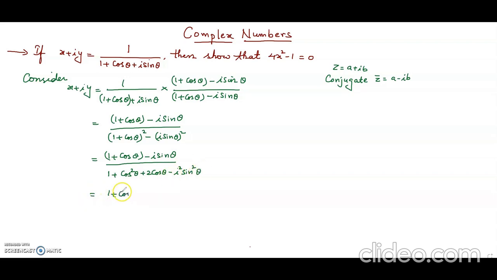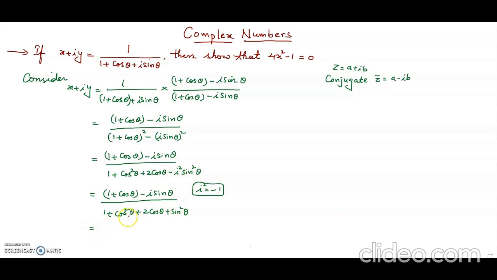So this is 1 plus cos theta minus i sin theta divided by 1 plus cos square theta plus 2 cos theta plus sin square theta. Remember the value of iota square is minus 1. So here we have minus iota square, the value is minus, so minus of minus will become plus sin square theta.